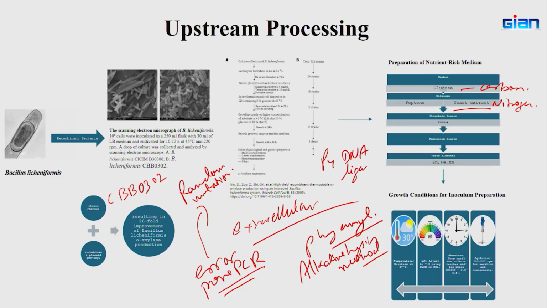Then we transform the updated plasmid into E. coli for initial amplification, and plate the transformants on LB agar, Luria-Bertani agar, with antibiotics such as kanamycin. Then we extract the amplified plasmid and transform it into Bacillus licheniformis.